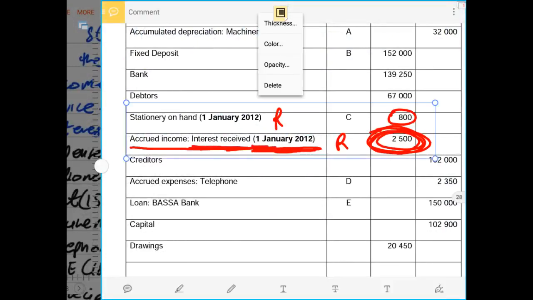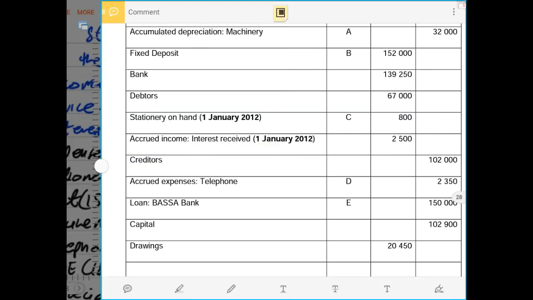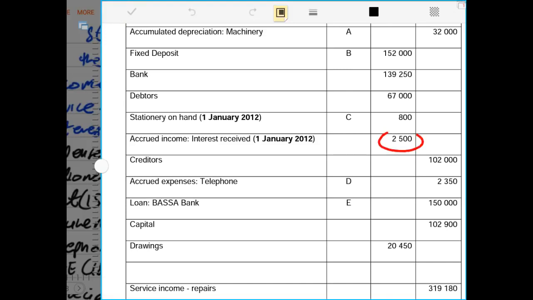Now let me just highlight one other thing. This could be done differently. If you want, 2.5 can be recorded under assets as a plus and a minus, which at the end makes no difference, because by the beginning of the year this amount of 2.5 was a debtor.